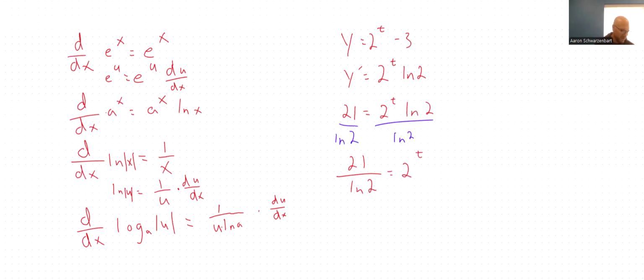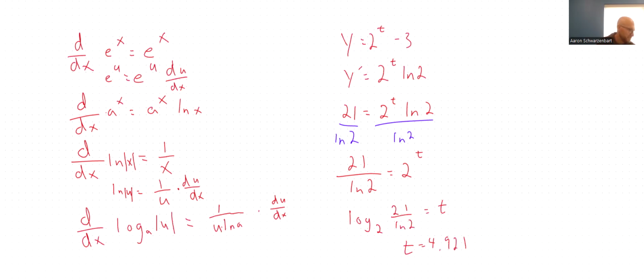To undo this, I'm going to log both sides. Converted to logarithmic form, you set that into your calculator, you get 4.921.